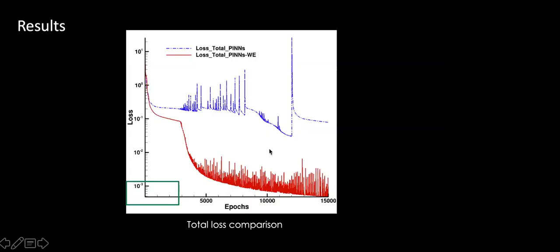Then we resolve the first problem with the weighted equation PINN. You can effectively reduce the loss by about two orders lower than the original results.